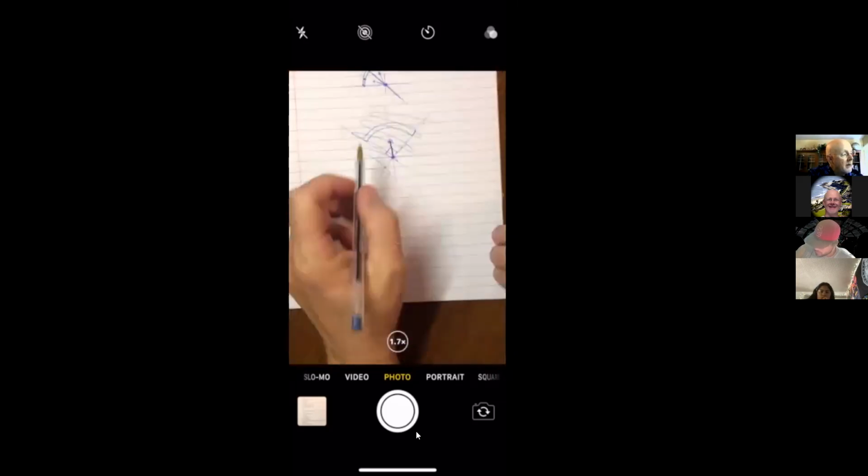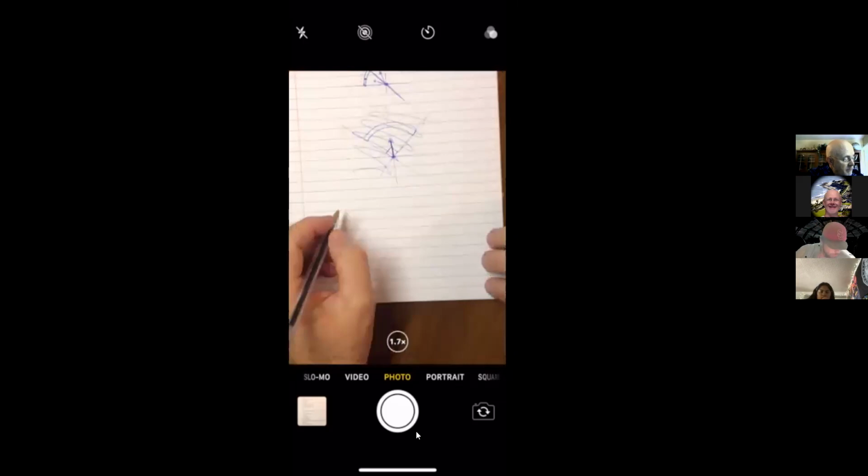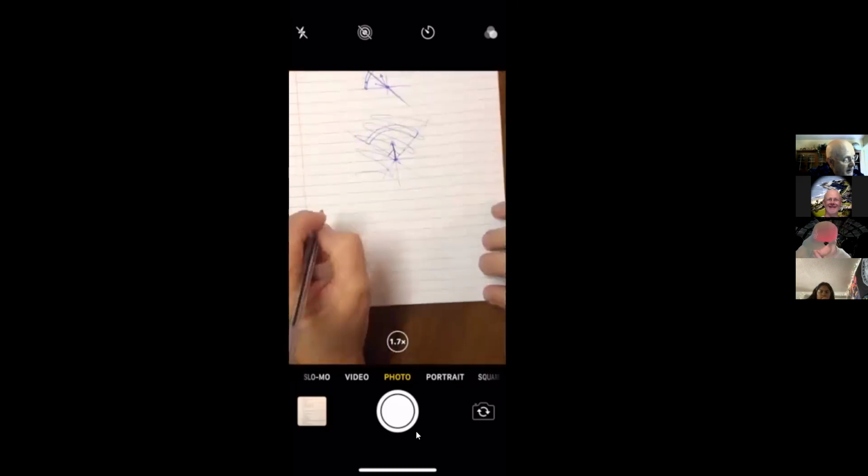And the reason that is important here is because I'm going to write down what is the electric field in the X direction.